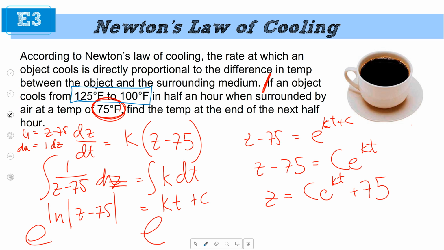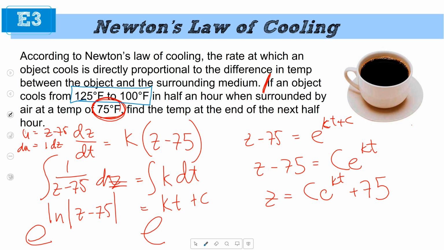What's my starting amount? 125. What's my ending amount? What's Z? 100. Solve for K, because you need the growth rate or the decay rate. Will it be a growth or a decay? Is the number getting bigger or smaller? Smaller, therefore decay, right. Solve for that, then you can go ahead and figure out the answer in the second part, which is find the temp at the end of the half hour.